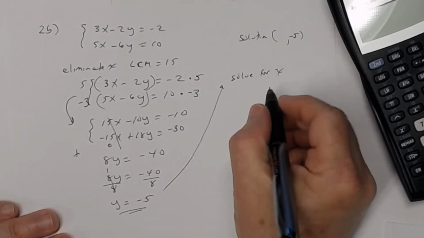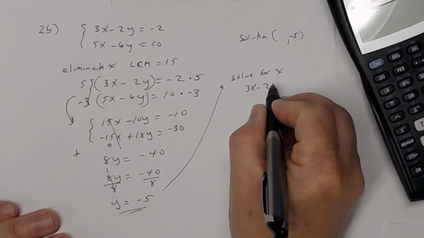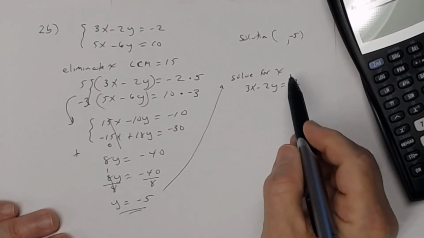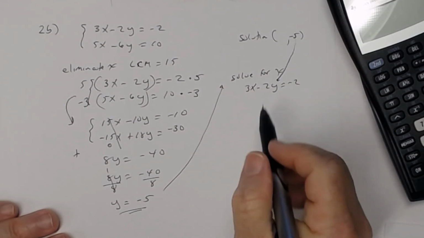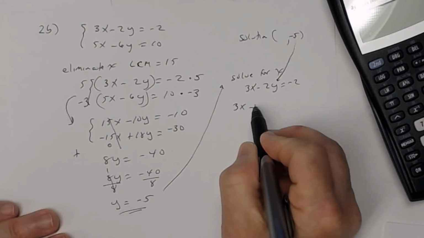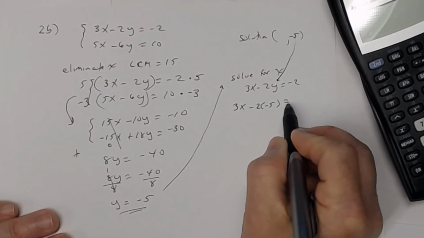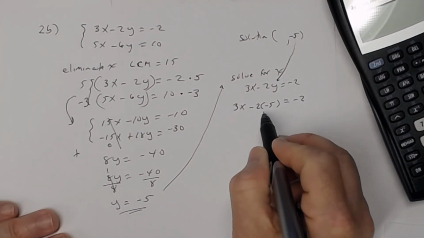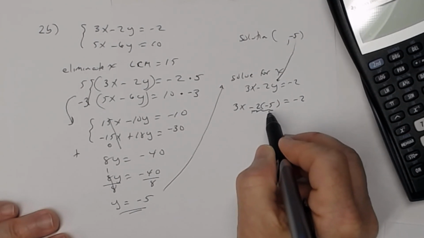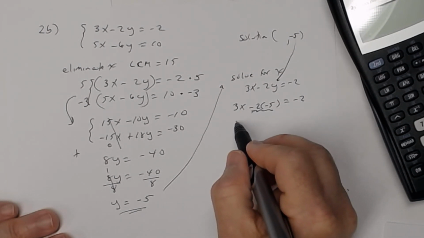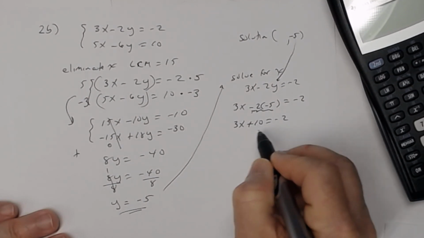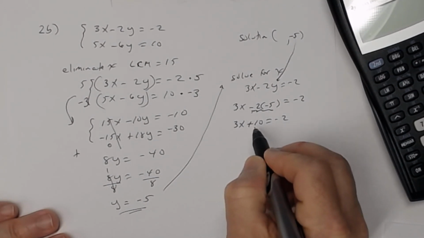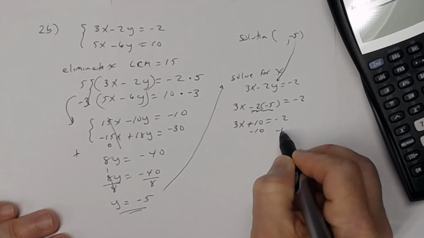So let's just go to the first one. So we have 3x minus 2y equal negative 2. So in place of y, I'm going to substitute negative 5. So we get 3x minus 2 times negative 5 equals a negative 2. Negative 2 times negative 5 is a positive 10. So I get 3x plus 10 equals negative 2. And then to solve this linear equation for x, we're going to subtract 10 from both sides.